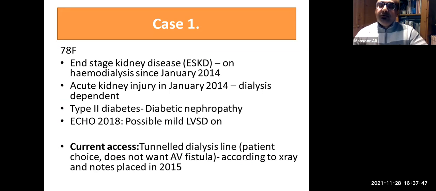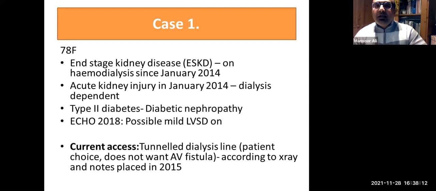Just to remind the audience that diabetes is still the number one cause of patients ending up on dialysis. I was reading literature from 2005, an American US renal database, where diabetes was the number one cause for patients ending up on dialysis, and in 2021, we still have diabetes as the number one cause, going hand in hand with hypertension.